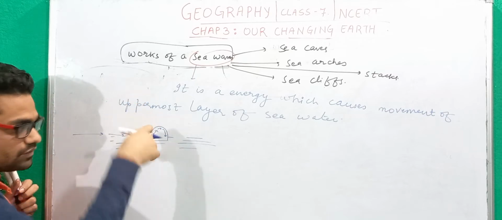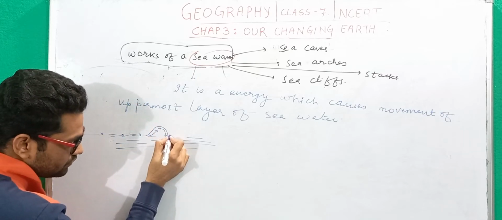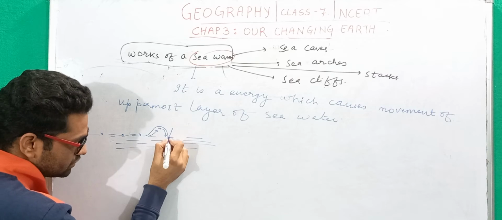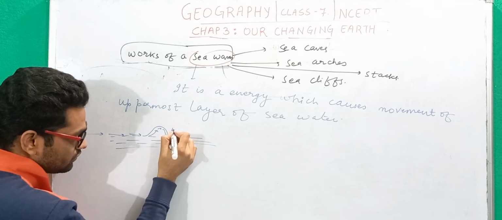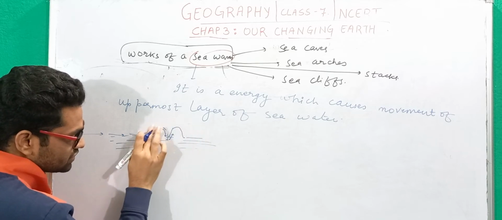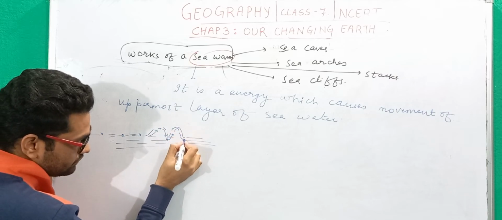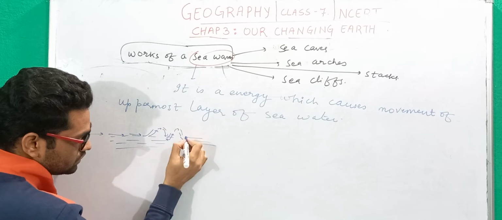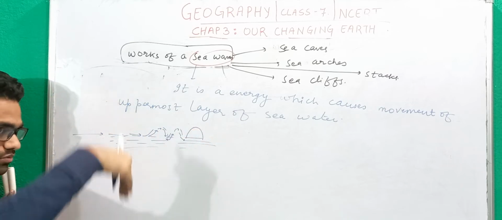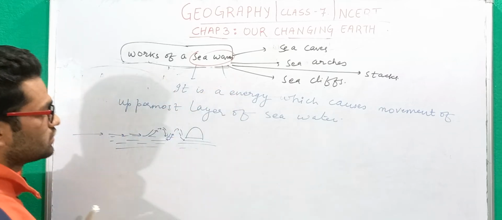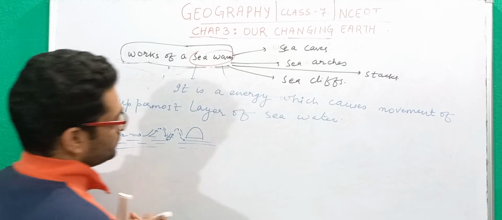When this water falls, it will again cause a rising of the water which is found here. So it will now rise and it will subside. The energy gets transformed. Again when it falls here, this type of wave will occur. So this is called wave energy.